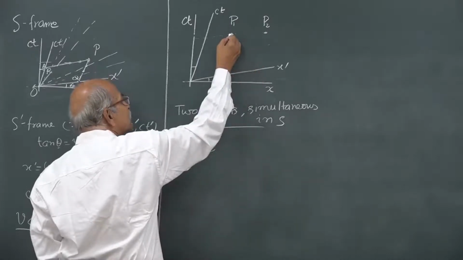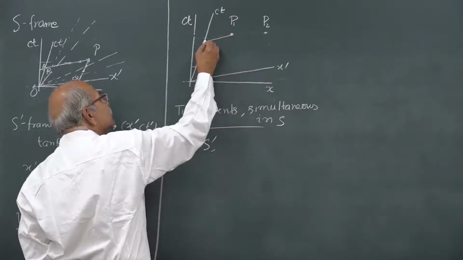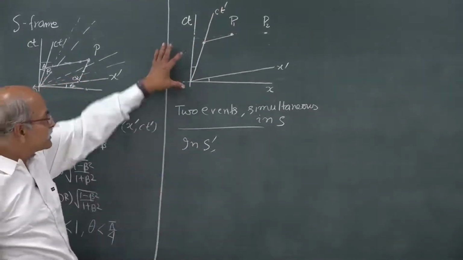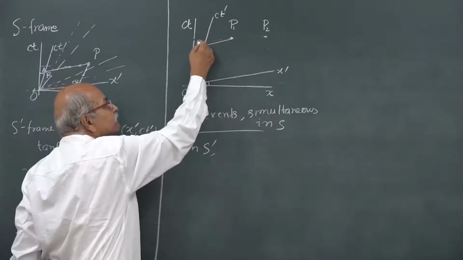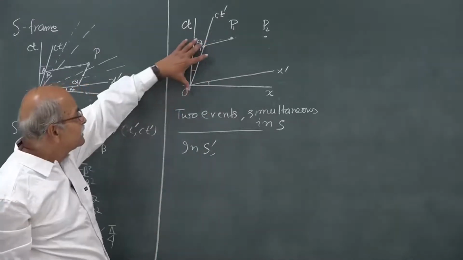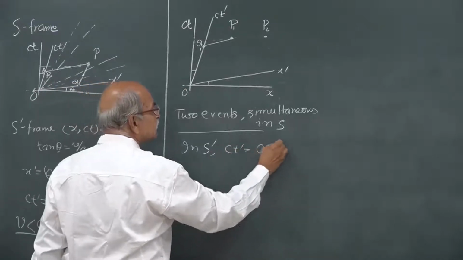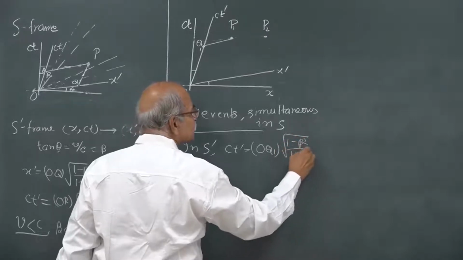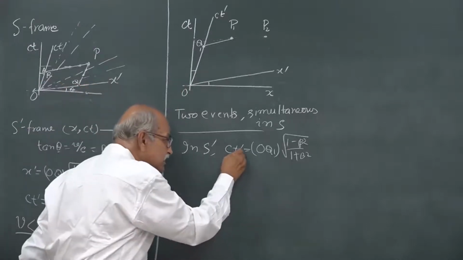So, you draw a line which is parallel to this, and it meets the Ct prime axis here, this is O, and this is let us say some Q1. So, Ct prime is equal to OQ1 multiplied by square root of (1 minus beta square) by (1 plus beta square), and this is for the first event.